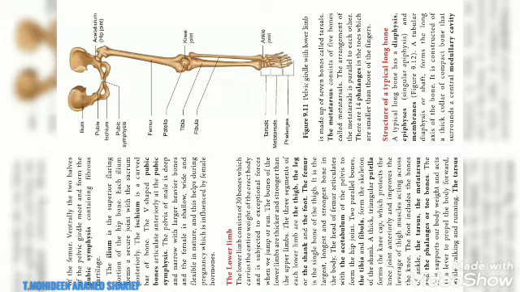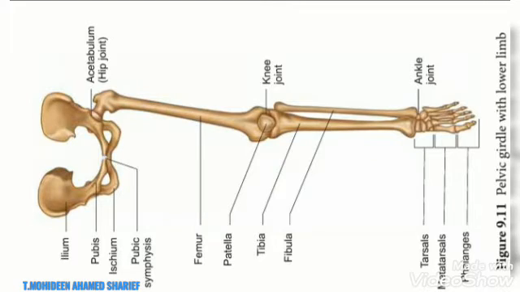The pectoral girdle is formed of 2 halves. Each half of the pectoral girdle consists of a collarbone and a scapula. The scapula is a large, thin, triangular bone attached to the dorsal surface of the rib cage between the 2nd and the 7th rib.